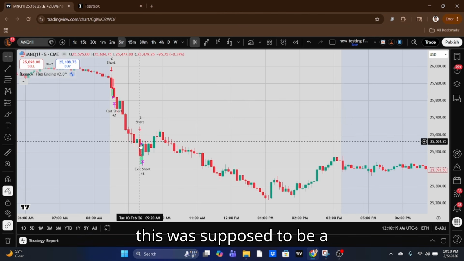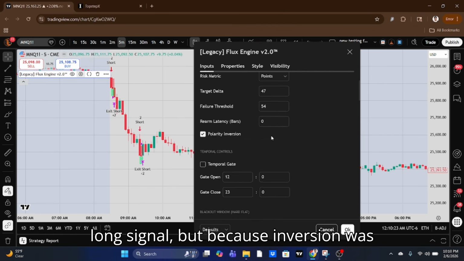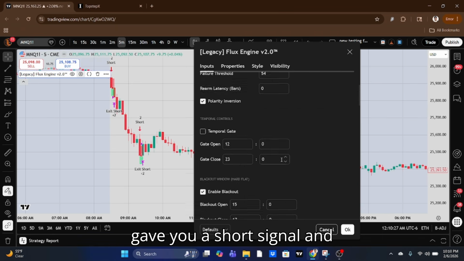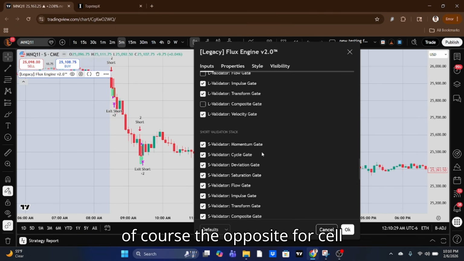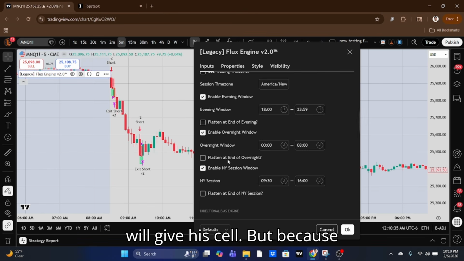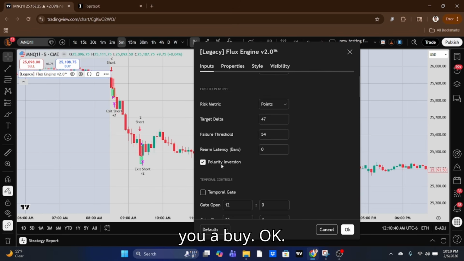So this was supposed to be a long signal, but because inversion was checked, it did the opposite. It gave you a short signal. And of course, the opposite for sell signals. So whatever is checked, it will give a sell. But because of inversion being checked, it will give you a buy. Okay?